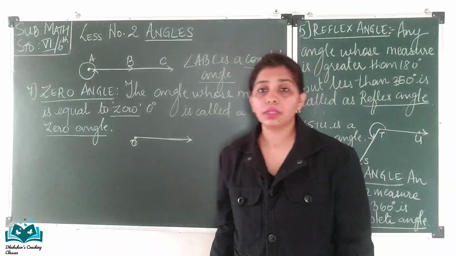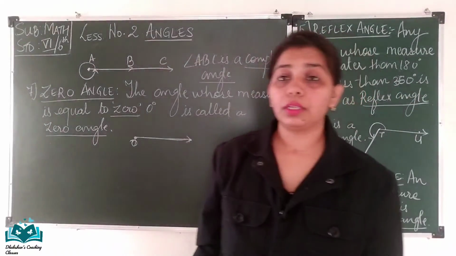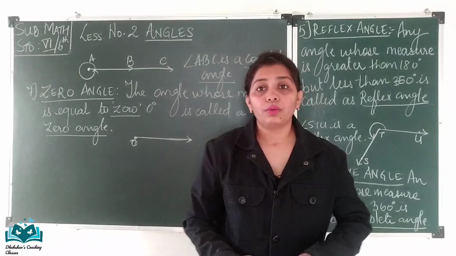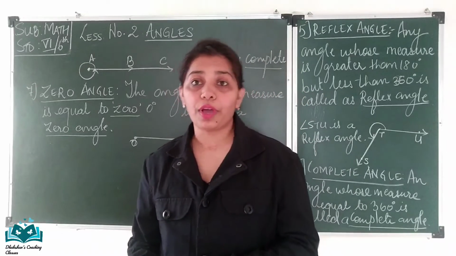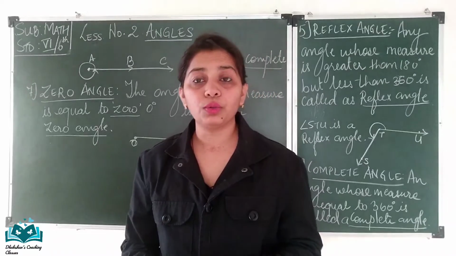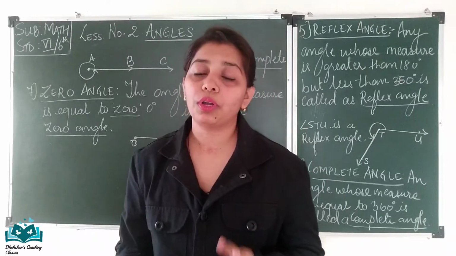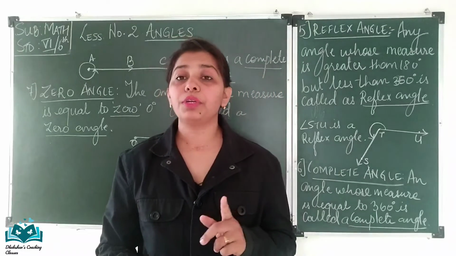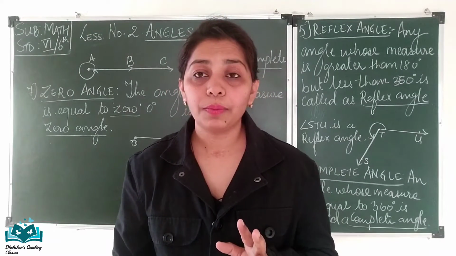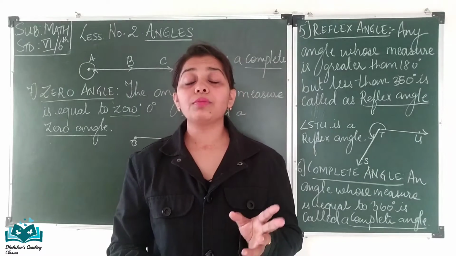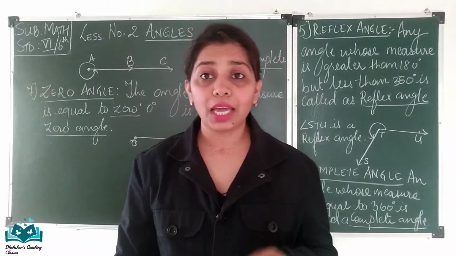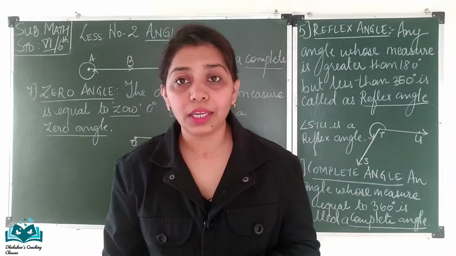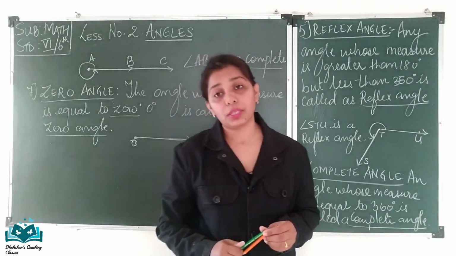I hope, dear students, you have understood what are the types of angles. So in this class we studied about the various types of angles. We started from acute angle, then came your right angle measuring 90 degree, then your straight angle measuring 180 degree, then comes your reflex angle whose measure is greater than 180 degree but less than 360.